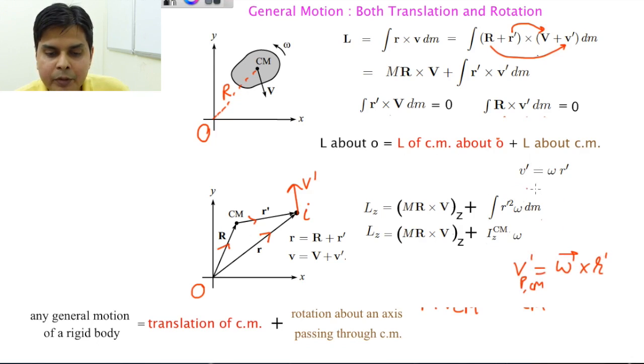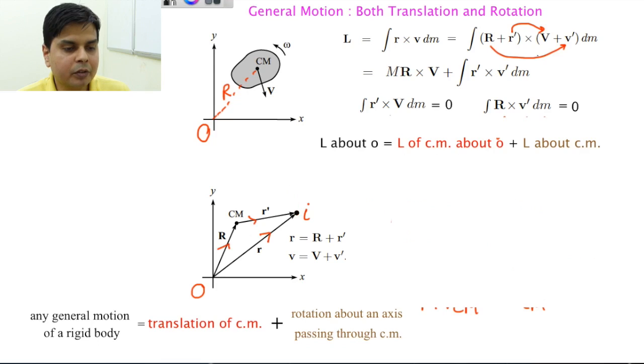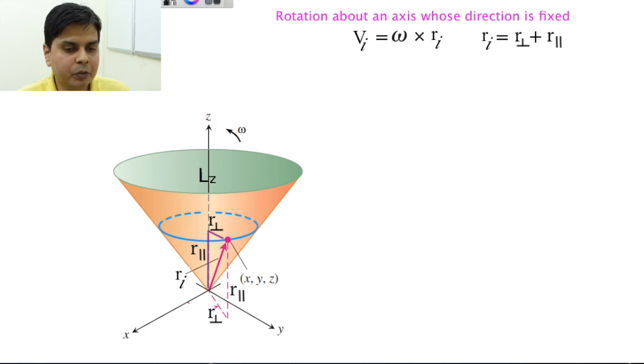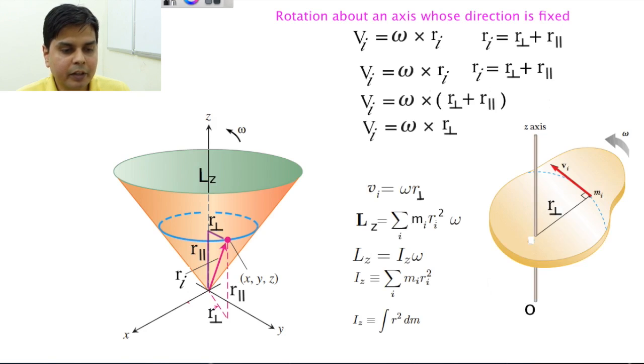So this thing can be used here also, and I can write V prime as omega R prime. Now this R will become R prime. So whatever I was doing with respect to an arbitrary axis in the first part of the lecture, exactly the same method I can utilize here also.